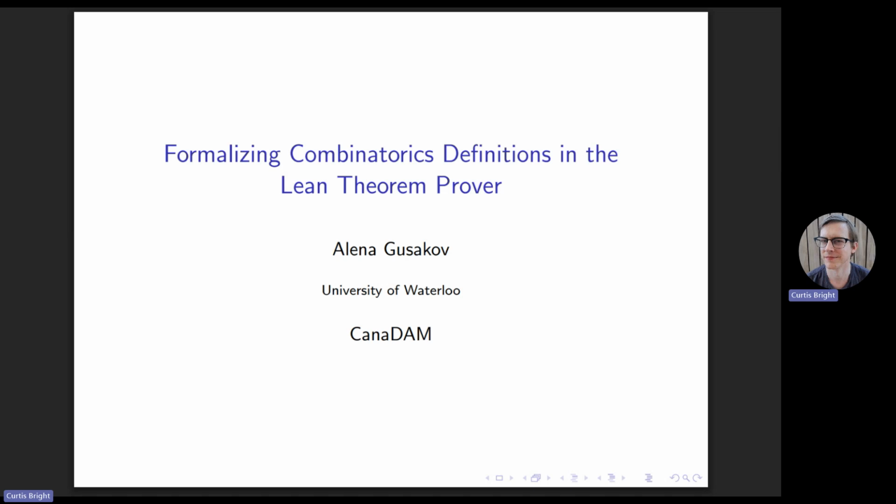Hi, everyone. So I'm going to talk to you today about the development of the combinatorics library in Lean. Developing a mathematical theory in a proof assistant is not the easiest task because you have to first select a way of expressing it in the logical framework that you're using. So you could be using dependent type theory, you could be using ZFC, and then once you select a way of defining it, then you have to figure out how to properly implement it in the language of the proof assistant that you're using.